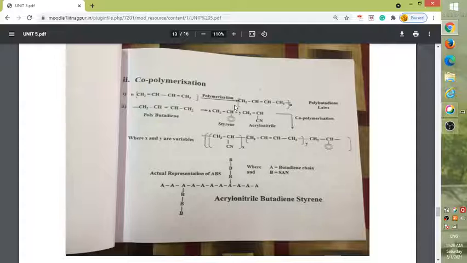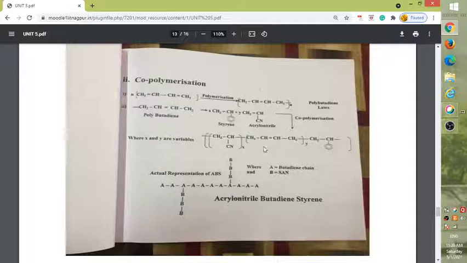Copolymerization: here you take butadiene, and polymerization gives polybutadiene latex. To polybutadiene you add styrene plus acrylonitrile. Copolymerization, where X and Y are variables, gives you what?